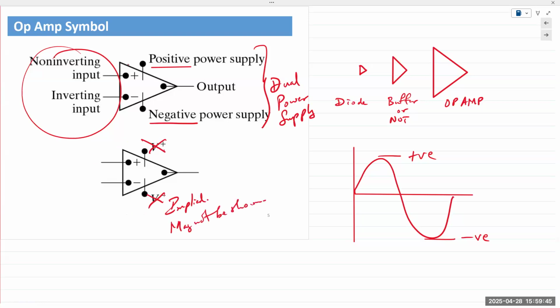Also, if you have a portable circuit, you don't have a dual power supply, then the negative terminal is connected to ground, or the common, or the negative end of the battery. So in that case, you only have a single supply. Okay, if you have a single supply, that's how it's connected.